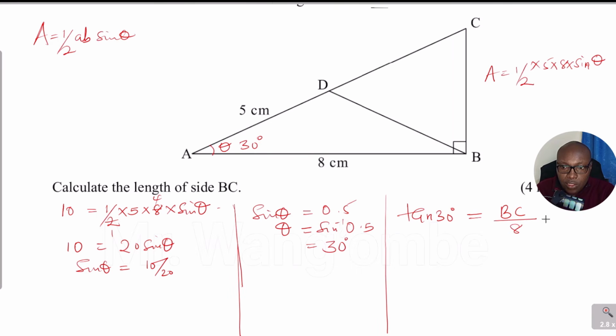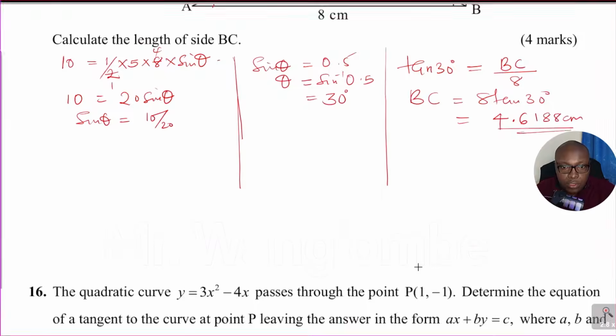So multiply both sides by 8, so you get BC is equal to 8 tan 30 degrees. 8 tan 30 degrees gives 4.6 centimeters. So that is how you're supposed to solve that question.